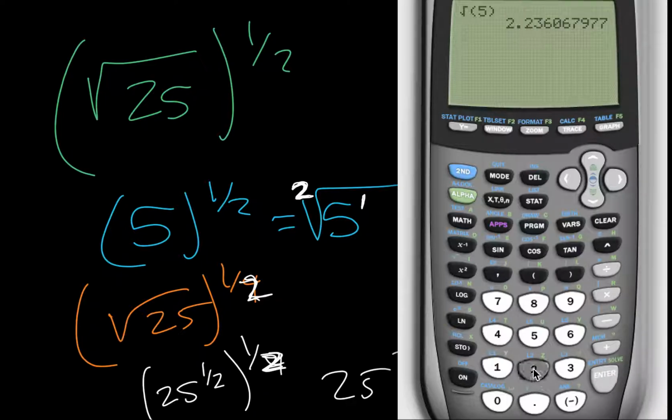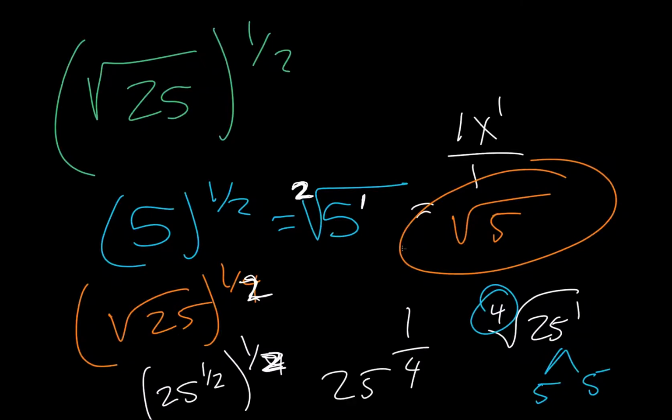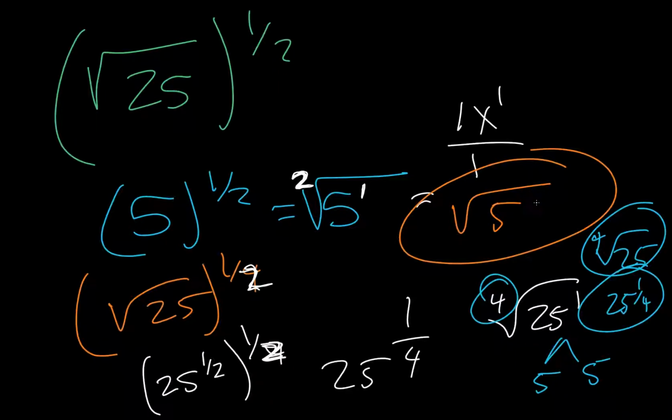And then if we do 25 raised to the 1/4, see how we got the same number? Even though our final answers look different, this is really just the 4th root of 25 or 25 to the 1/4, and we get the same number. They're all equivalent, they look different, but you can choose to do them either way.